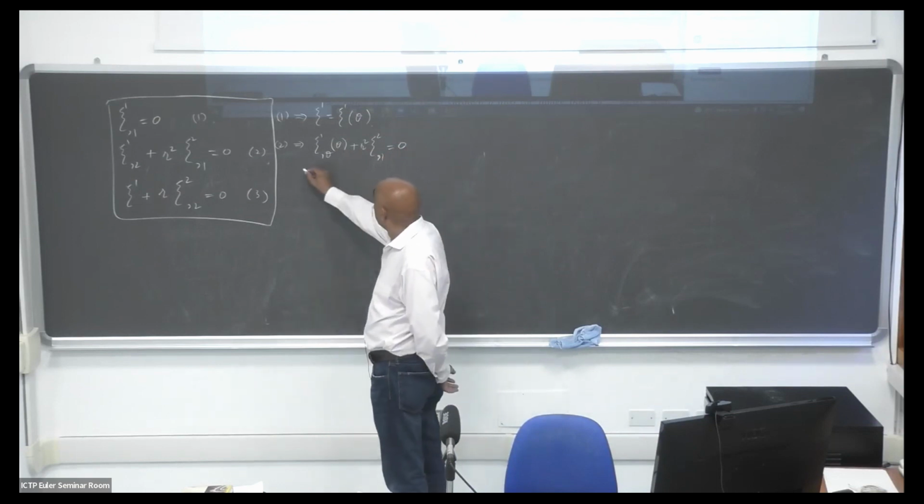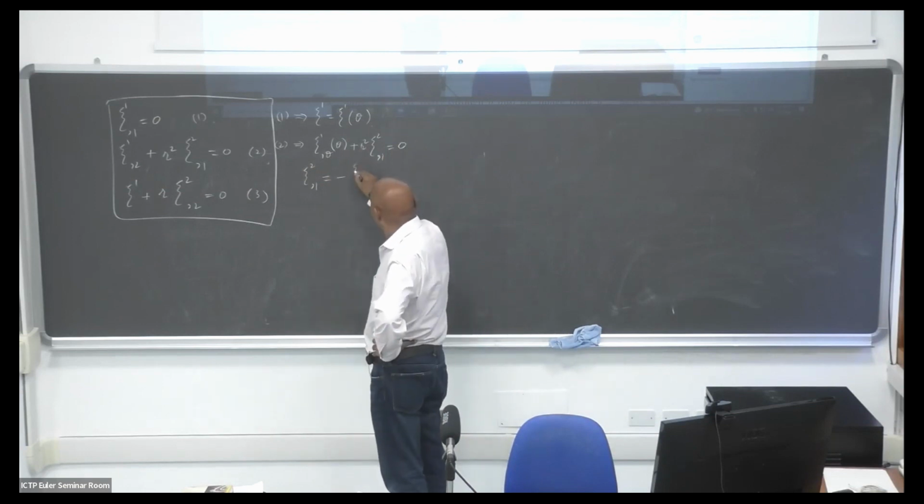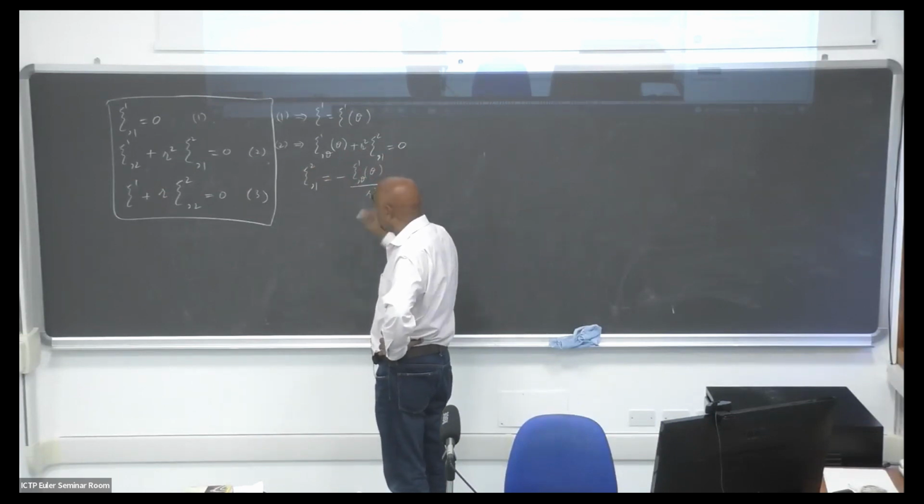Taking this to the other side, xi 2 comma 1 is equal to minus xi 1 theta comma theta divided by r square.